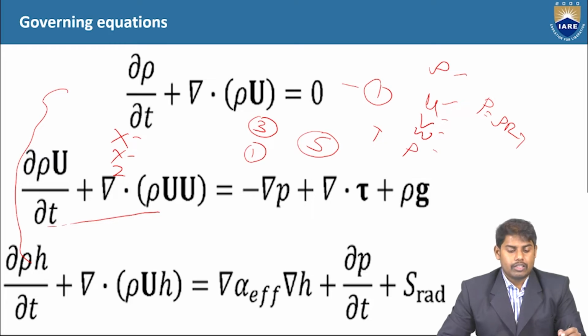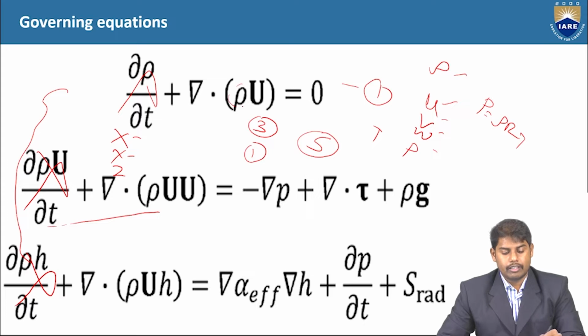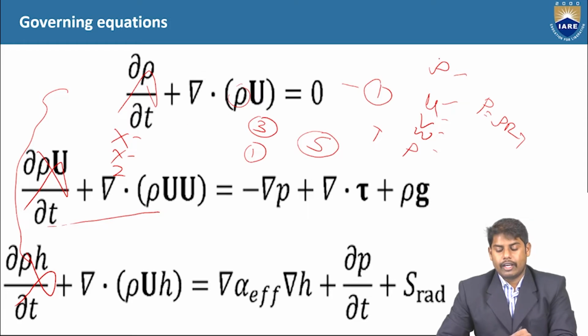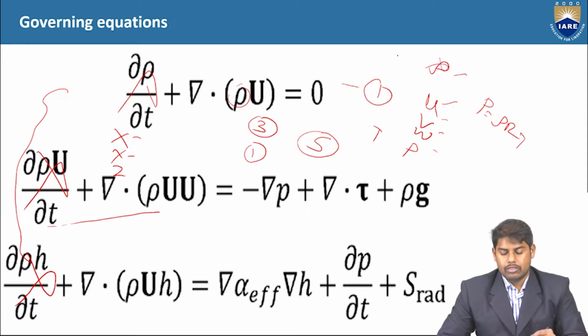For example, if the flow is steady, you don't have the time derivative terms, and if the flow is incompressible, the density term will go off. Density is constant, so one of the variables gets reduced. So you have u, v, w, p, t. You have 5 variables and 5 equations. This is how we do approximations and solve the governing equations.